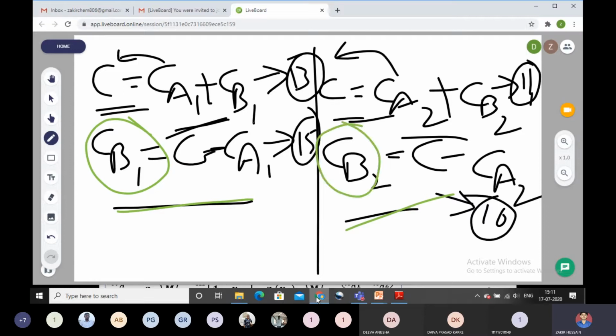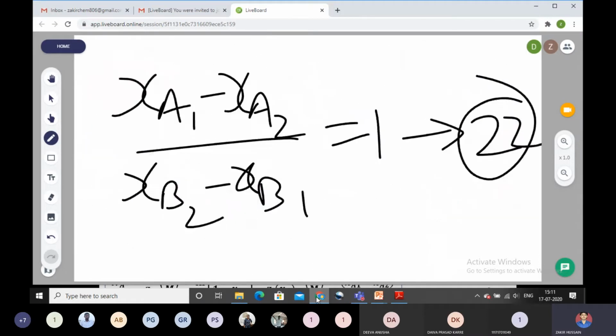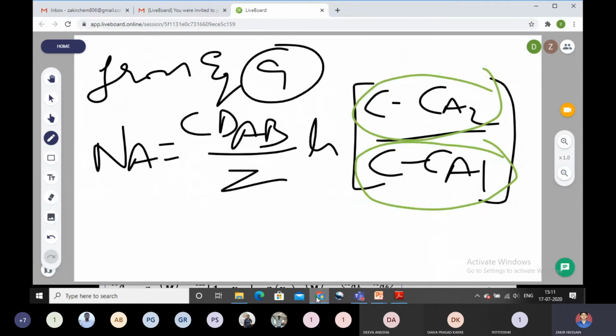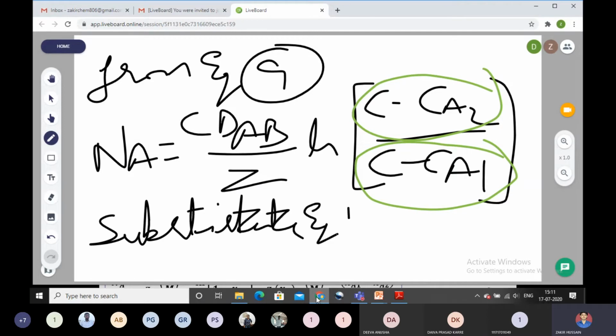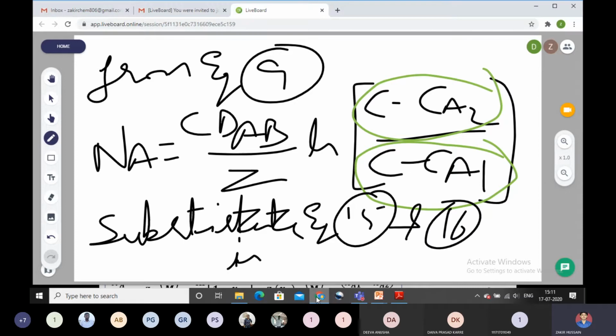Substitute equation 15 and 16 in equation 9. We have to substitute here: in place of C minus CA2, we can substitute CB2, and in place of C minus CA1, we can substitute CB1. That's it.